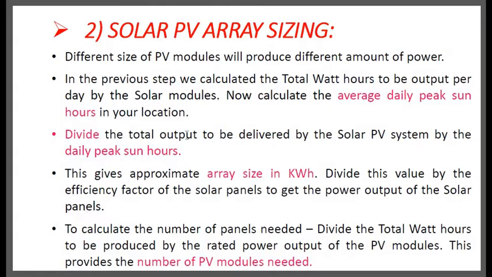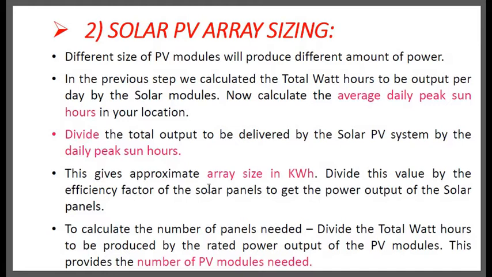Divide the total output to be delivered by the solar PV system by the daily peak sun hours. This gives the approximate array size in kilowatts.